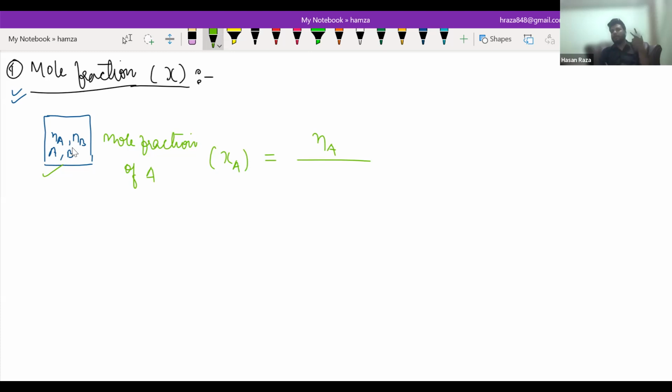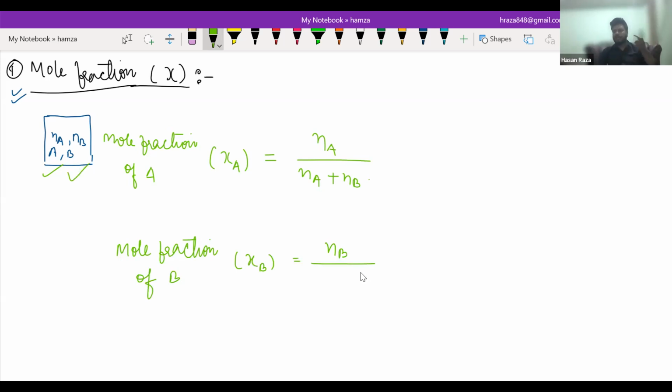So you can see only two components are present. So it will be number of moles of A plus number of moles of B. In the same way, if you are going to calculate mole fraction of B, this is basically chi B, and it has a formula number of moles of B upon total number of moles of container.